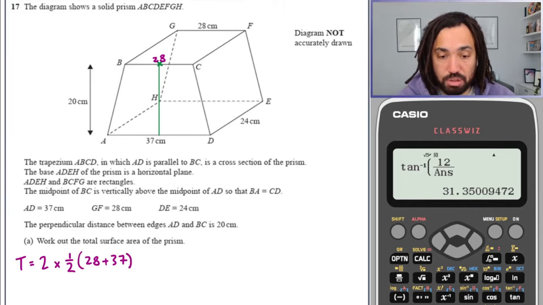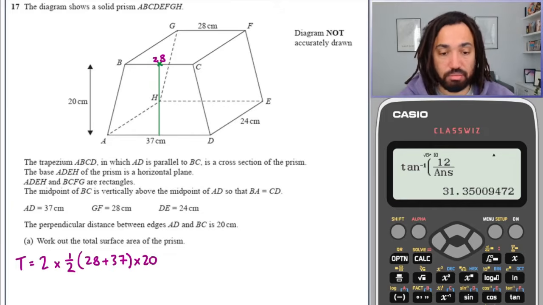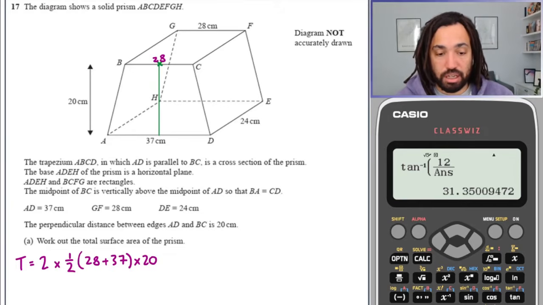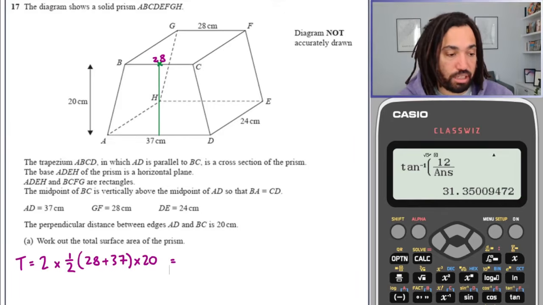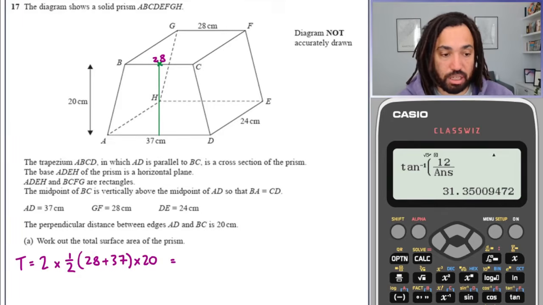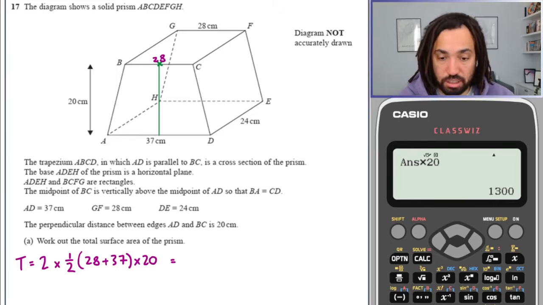Then we multiply that by the distance between the 2 parallel sides, which is 20. We can do that on our calculator: 28 plus 37, then times 20, because the half of the 2 will cancel out. So 1300.